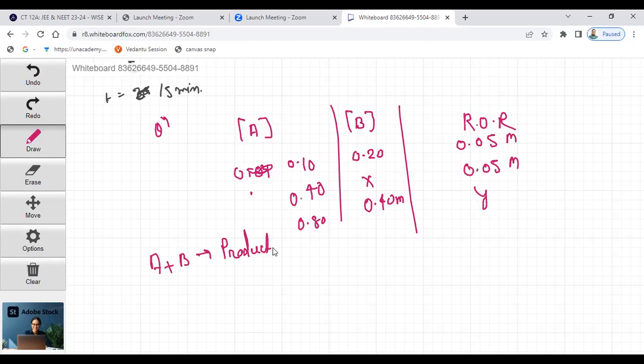The order is 1 with respect to each. So you have to calculate the value of X and Y.